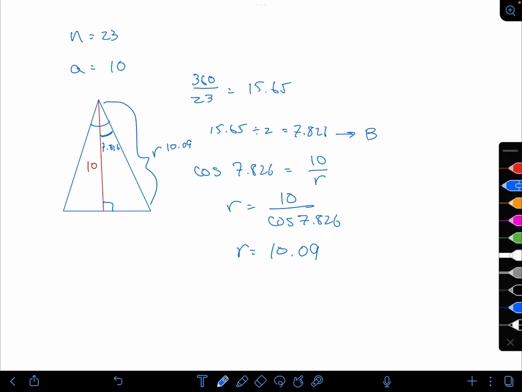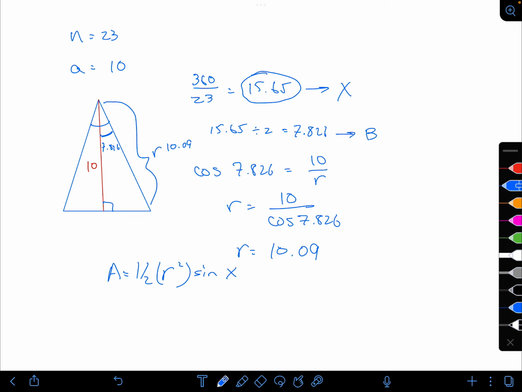Okay, now I do the same calculation I did last time. I go back to the bigger angle of 15.65, which I stored into x, if you recall. And I do a 1/2 AB sine theta calculation. 1/2 AB, so that's r squared, because remember I stored it into r, times the sine of my angle up at the top, which I will also call x.